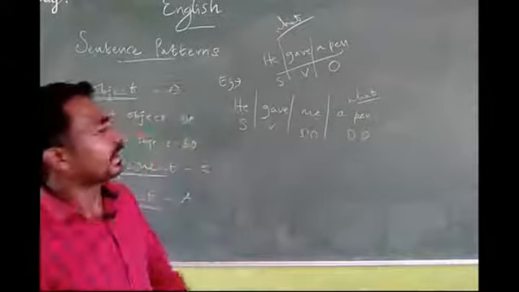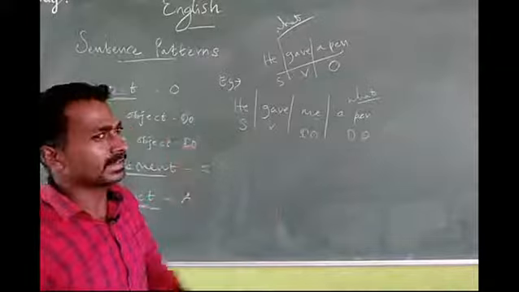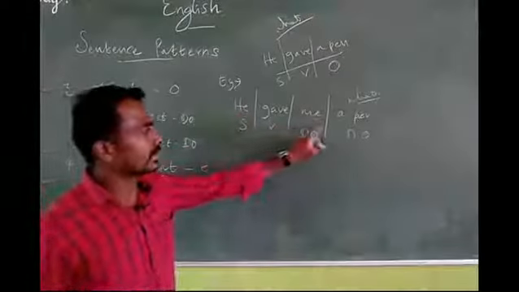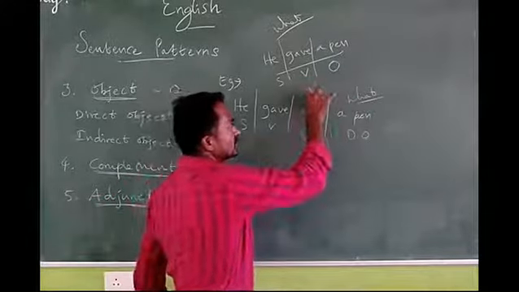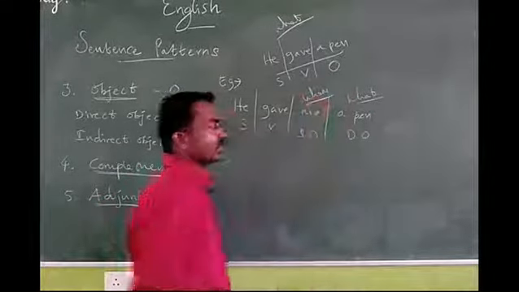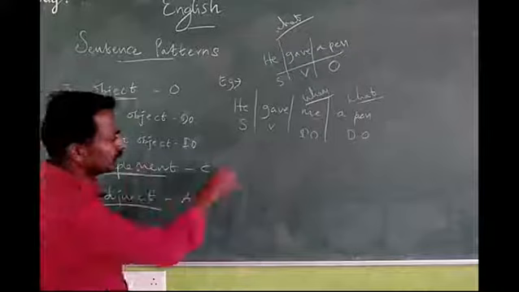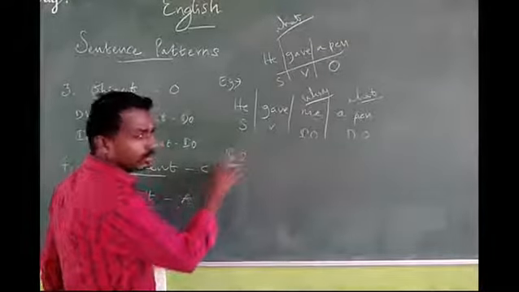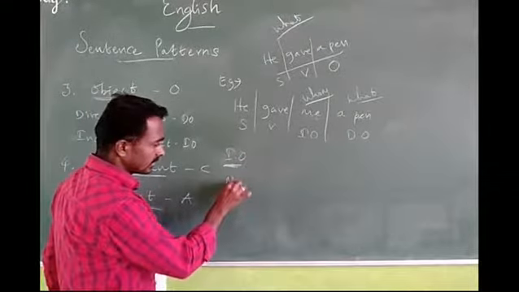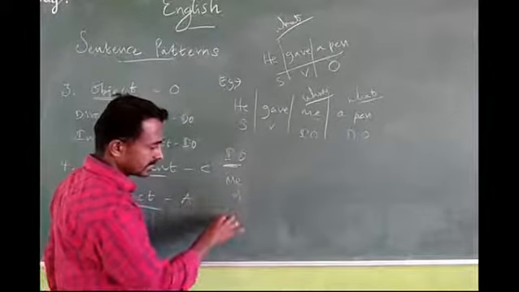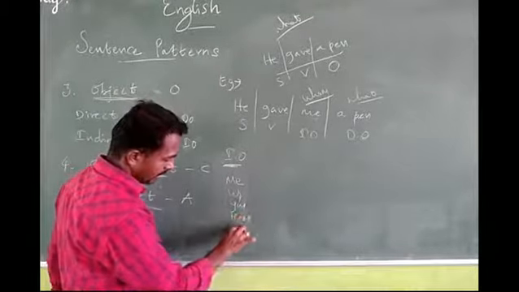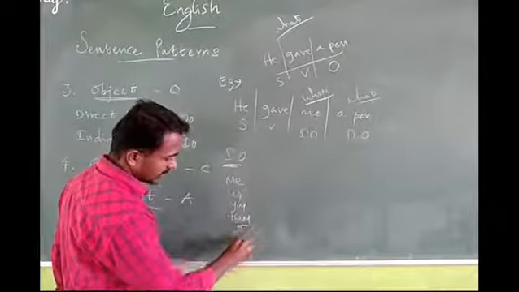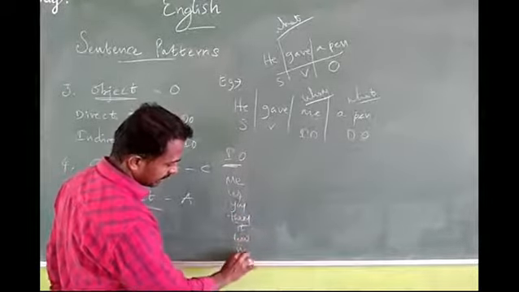So how can I identify it and how can I write the answer here? He gave me a pen. Which answers the question what, and which answers the question to whom? What is IO? It's the indirect object: me, us, you, them, it, him, her.